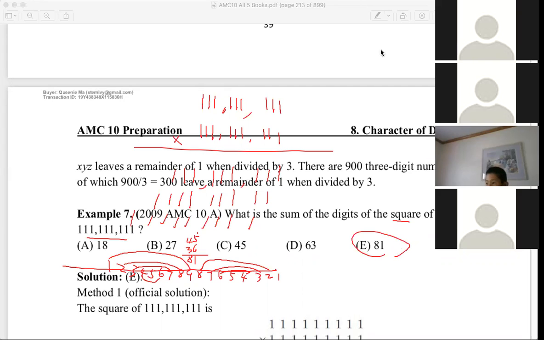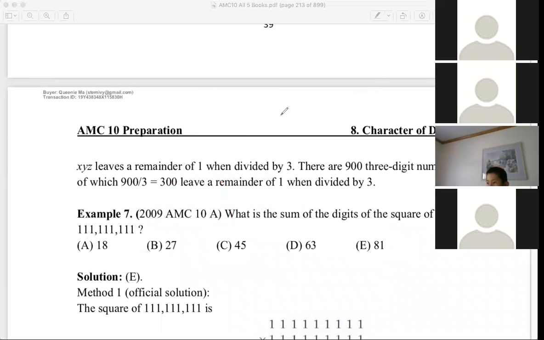Then actually there's another way to solve this problem. This way you need a little bit of skill. You can write this number as 1, 1, 1, 1, 1, 1, 1, 1, 1. We try to calculate this square, right?